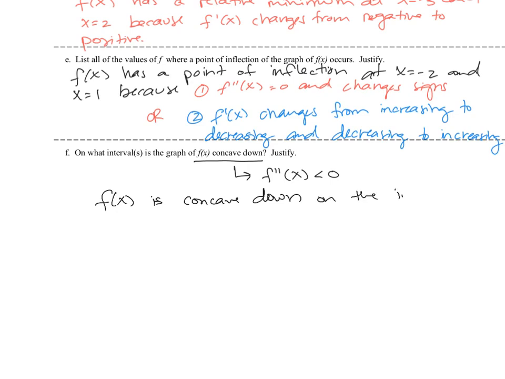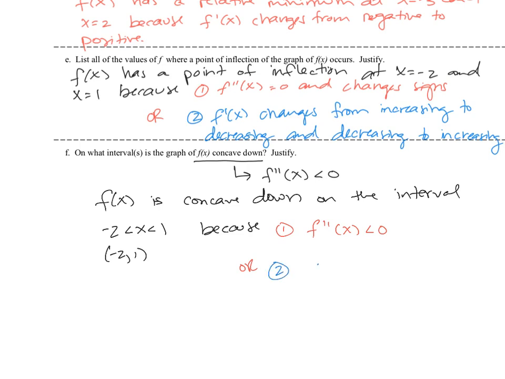On the interval -2 less than x less than 1, or you could write -2 to 1, doesn't matter which notation you use, because you could either say because the second derivative, f double prime of x, is negative, less than 0, or you could say that it's because f prime of x is decreasing, and I can clearly see that in the graph. So either of those explanations would be appropriate explanations.